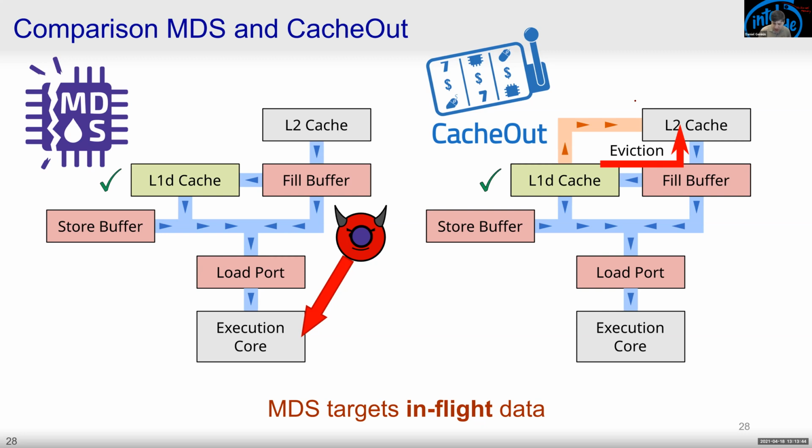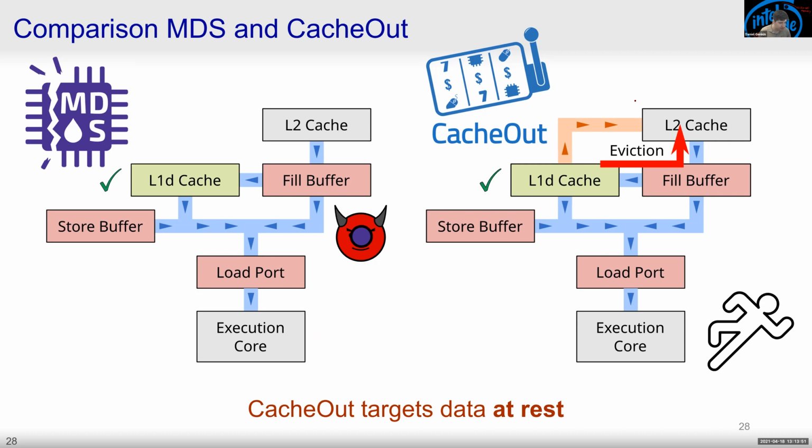But let's talk about CacheOut now. CacheOut targets data at rest. So let's see how this looks. Let's say I have a victim, and my victim is trying to touch some memory. Let's say the blue memory. So the blue memory is being populated into the hierarchy, and then L1D gets a copy, and then it's brought to the load port and to the execution core, eventually consumed by the victim.